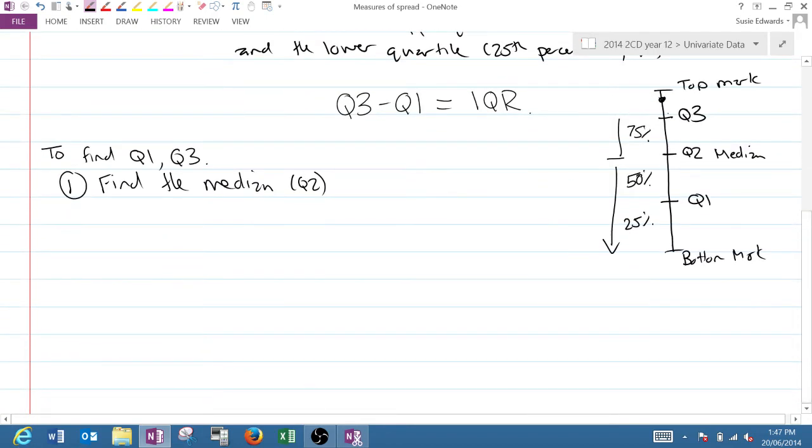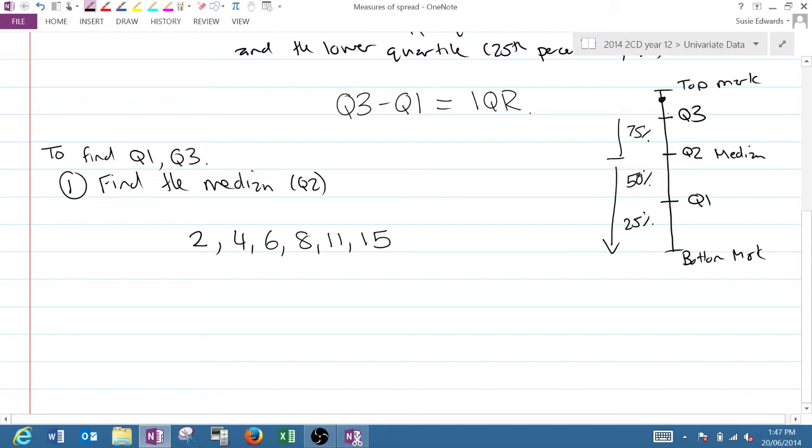So if we use an example, we'll go 2, 4, 6, 8, 11 and 15. This will be our example. We'll have 2 examples. How do we find the median for this data? Michael? Good.